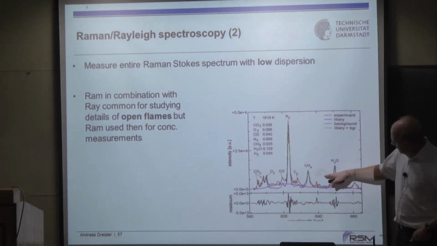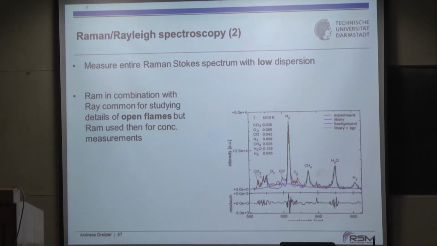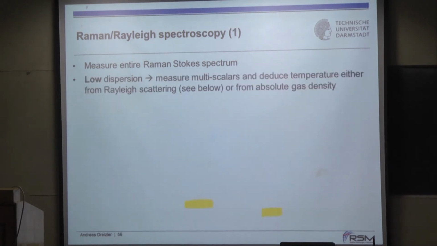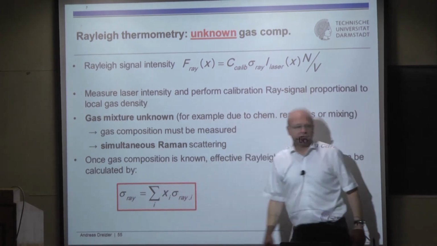you see the different species in your flame, and that can be now used simultaneously with the Rayleigh scattering in an iterative procedure, I'll explain in a second, to deduce the thermochemical state. So temperature plus main species concentration. And this information about main species concentration, again, is needed to be put in this mole fraction to calculate the effective cross-section.